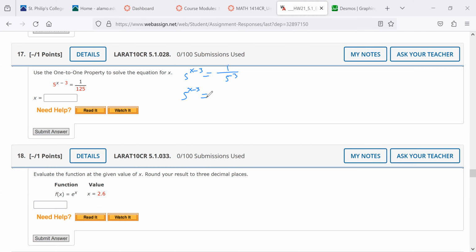I need to fix that side. Five to the power of -3. Yeah, exactly. Now they match. So you can use that rule and just set the powers equal to each other. So x would be 0. Any questions on 17?